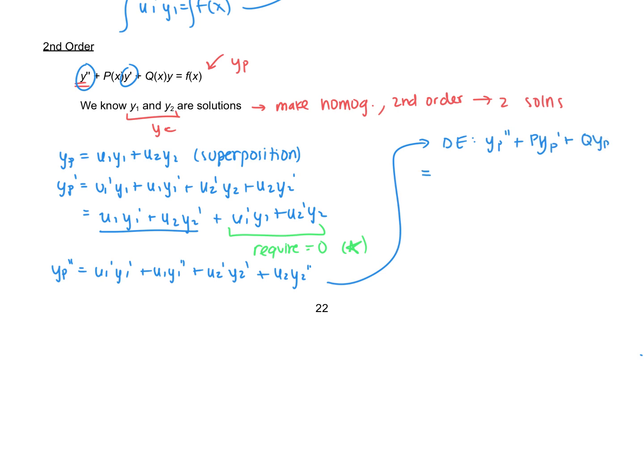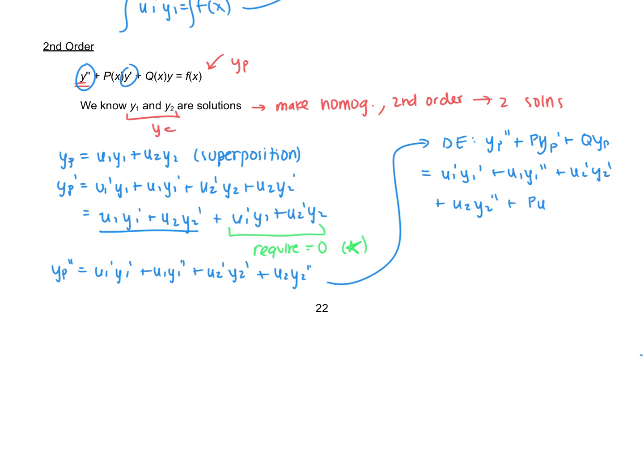We're going to have a lot of terms here. I didn't give myself a ton of space, but we end up with u1 prime y1 prime, add u1 y1 double prime, add u2 prime y2 prime, add u2 y2 double prime.